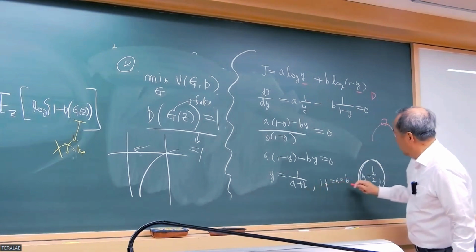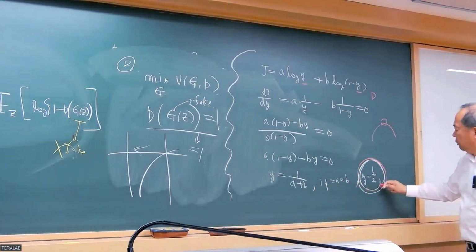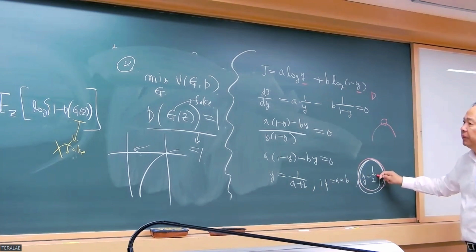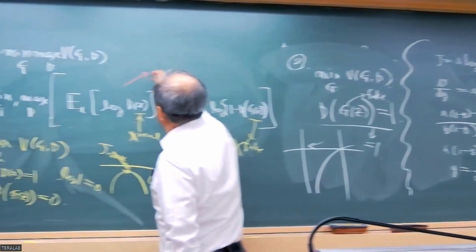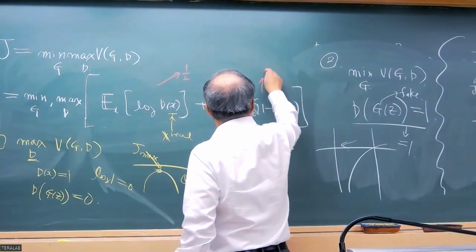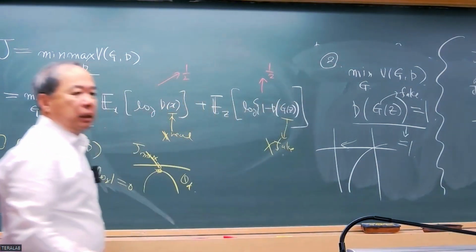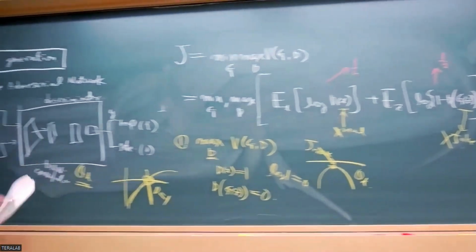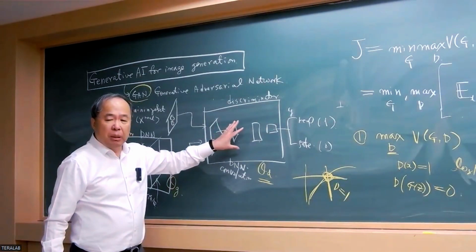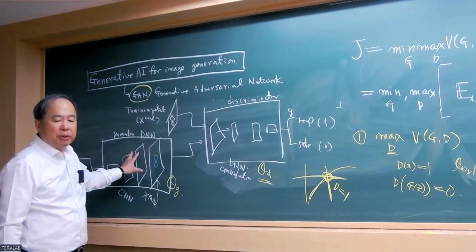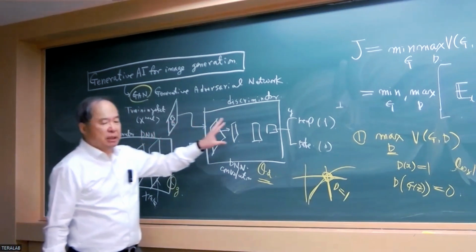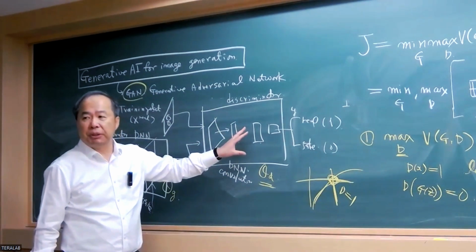When y is equal to 1 over 2. That means the discriminator winning percent is 50%, and the generator winning percent is 50%.